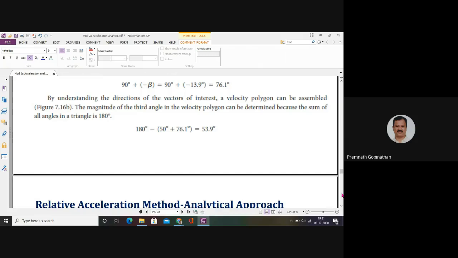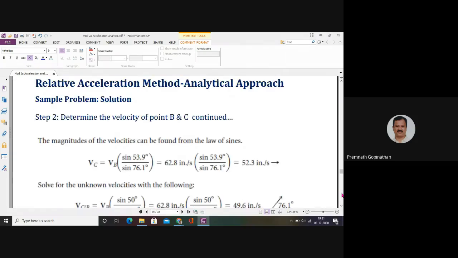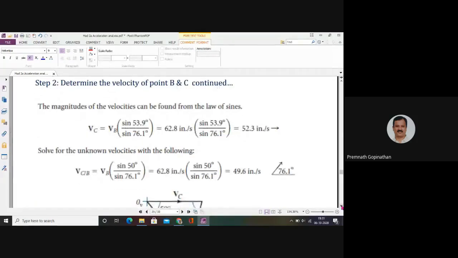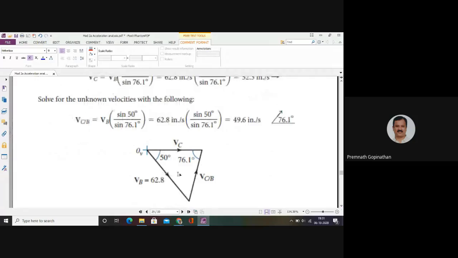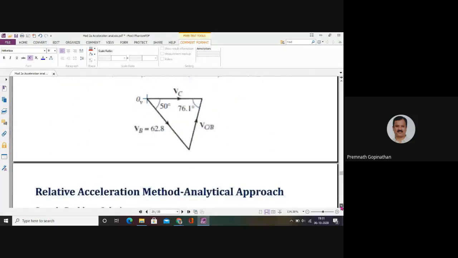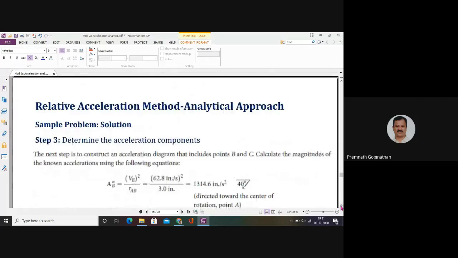Now if we go for the acceleration polygon, after applying the sine rule, we have identified that. That is evident from the various equations they have used. Okay. Now the acceleration needs to be identified.